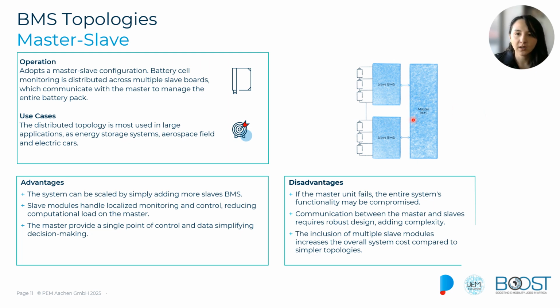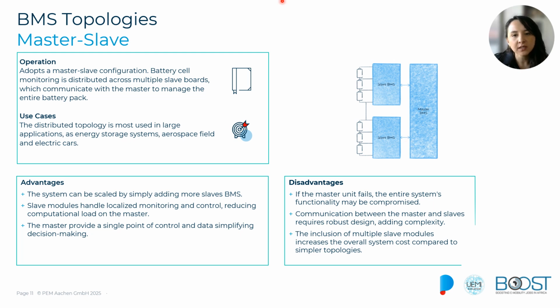Some of the things we have to think about in this kind of architecture is, for instance, redundancy. How do we guarantee that in case one of the measurements or one of the communication channels is broken, we can still have communication within the whole battery system?